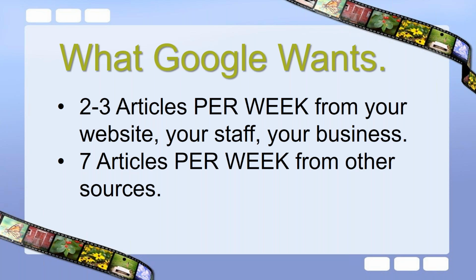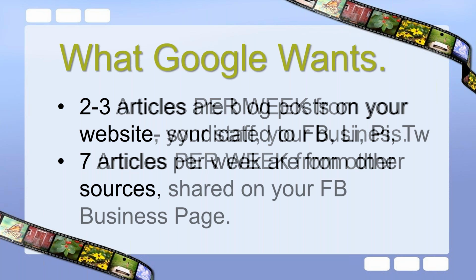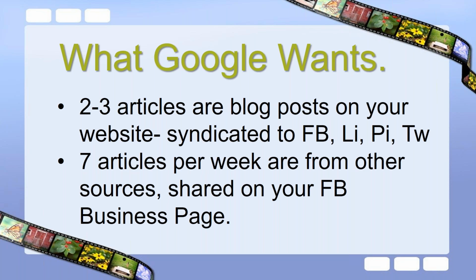And then you need a total of 7 articles per week from other sources. So 7 times a week you should have stuff that's just cool and interesting. 2 to 3 times per week you should have an article coming from your website and going out to social media. Those 2 to 3 articles are blog posts on your website, and they are syndicated, meaning they have an RSS feed and they go out automatically to Facebook, LinkedIn, Pinterest, and Twitter.